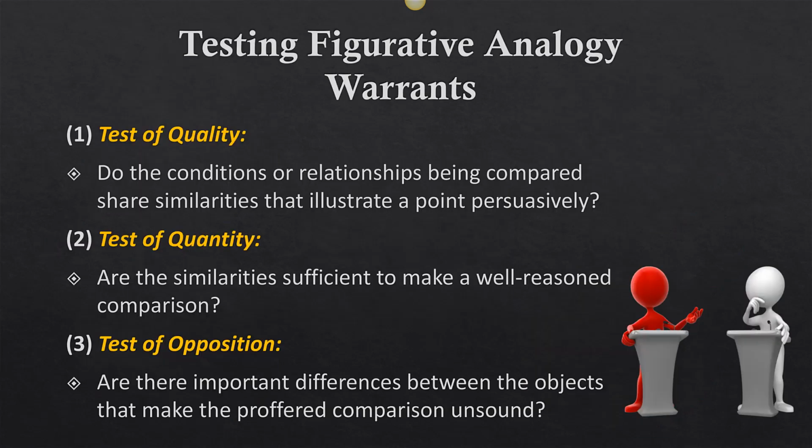Now, as we know from our previous discussions in testing logical warrants, the test of quantity and the test of opposition are often good to look at roughly at the same time, because what we need to do is determine whether there are enough similarities between these relationships and conditions that might outweigh a possible exceptional circumstance.